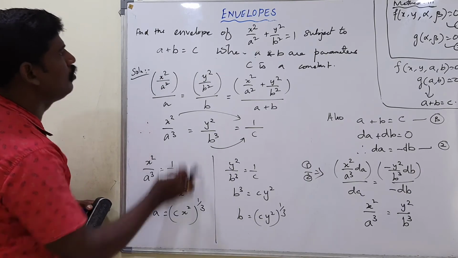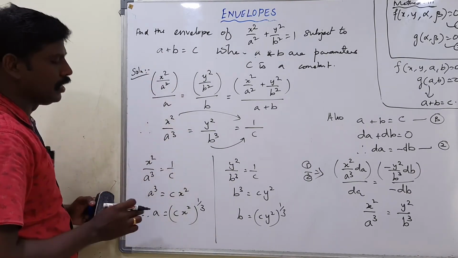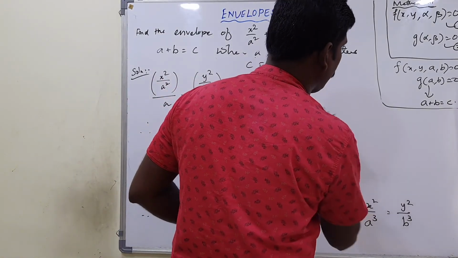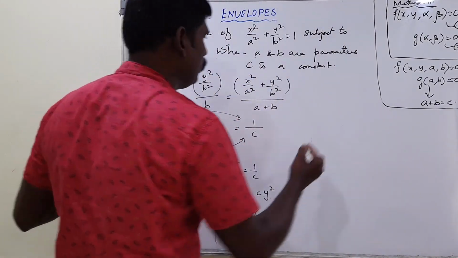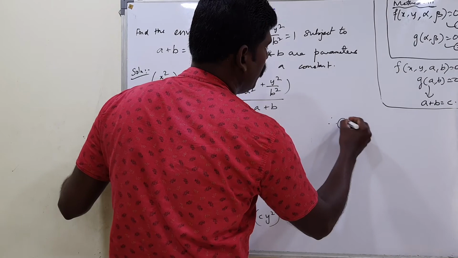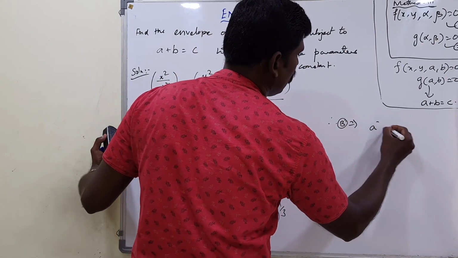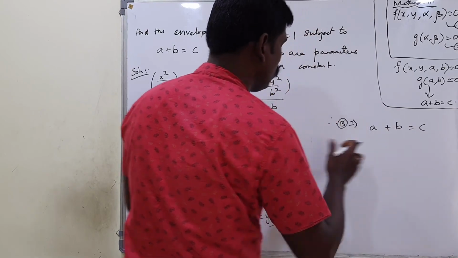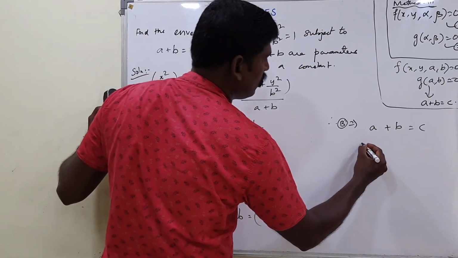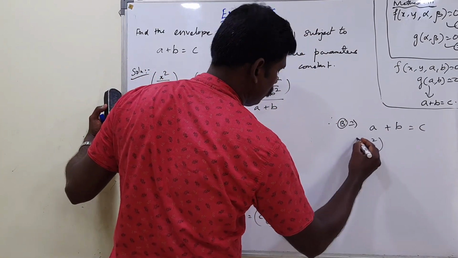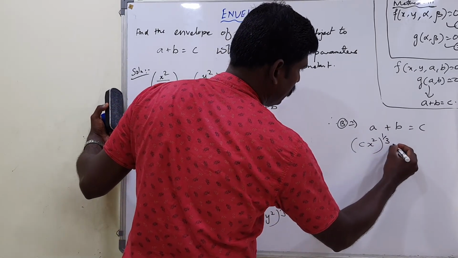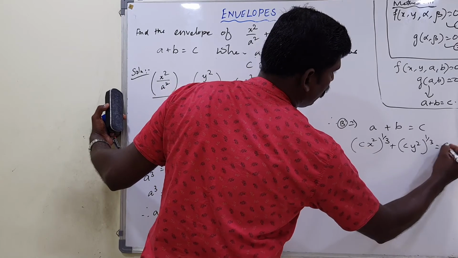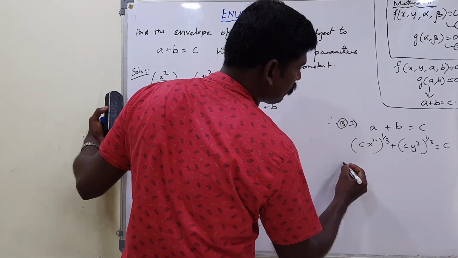Substituting these two values into the given condition, you can eliminate the parameters a and b. What is given? a + b = c. So substitute these two values here: (c x²)^(1/3) + (c y²)^(1/3) = c.